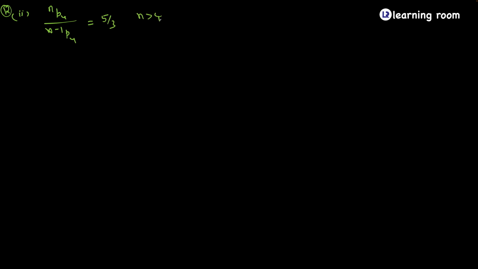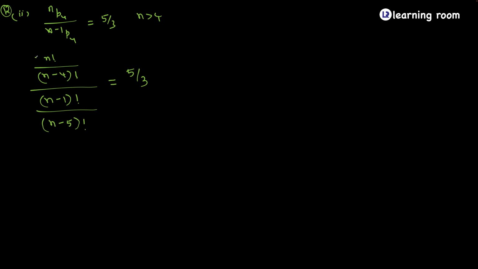Okay. So it will be n factorial divided by n minus 4 factorial, divided by n minus 1 factorial divided by n minus 5 factorial. n minus 1 minus 4 factorial is n minus 5 factorial. Let's do it. See, it is A by B divided by C by D. I'm concentrating only on A and C. So among A and C, which one is greater?